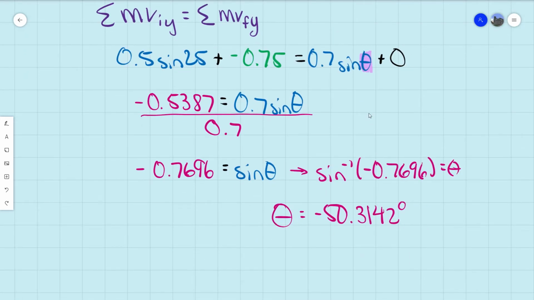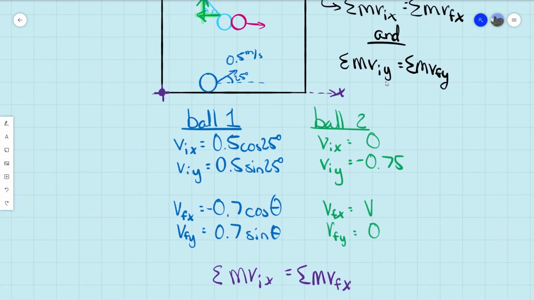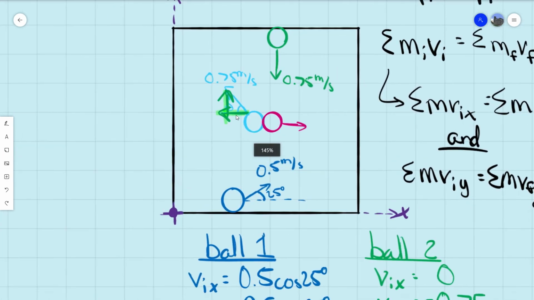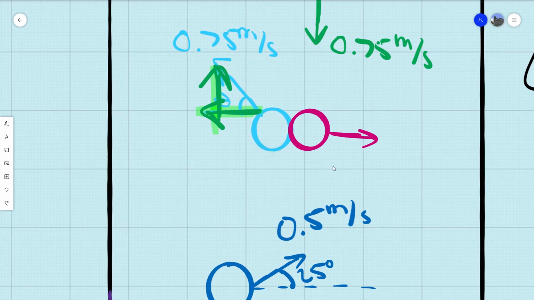And the fact that we have a negative number means nothing. It just means that this theta, our ball is actually going underneath the horizontal this way. It's going like this, and this is 50 degrees.